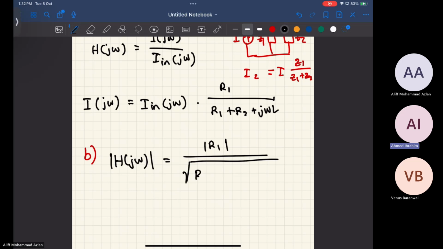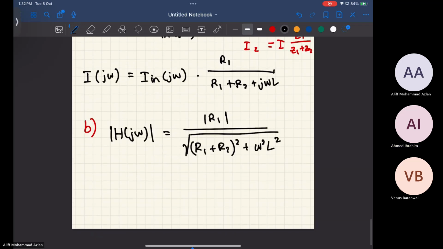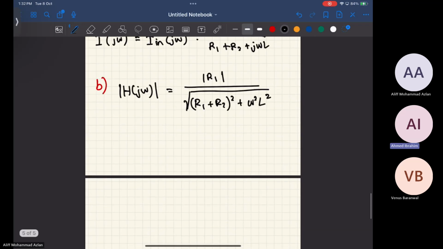In this case, we get R1 over the square root of R1 plus R2 squared plus omega squared L squared. So what this is telling us is we have a transfer function which gives us the magnitude at any frequency that we want. And then it asks us to sketch the graph with a few points.